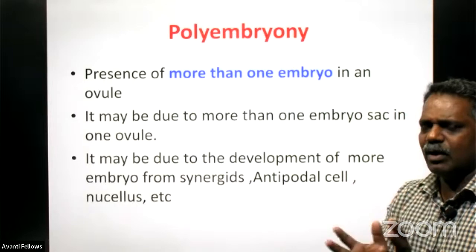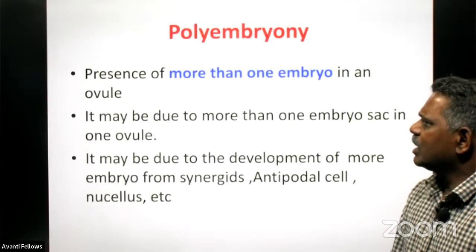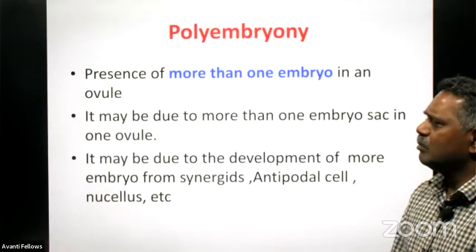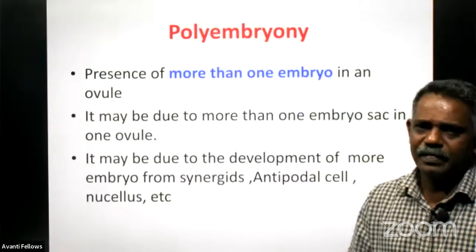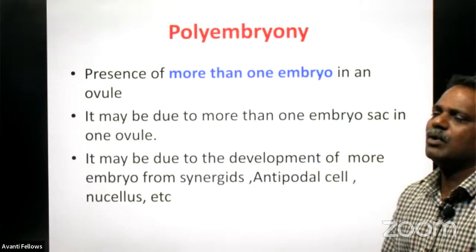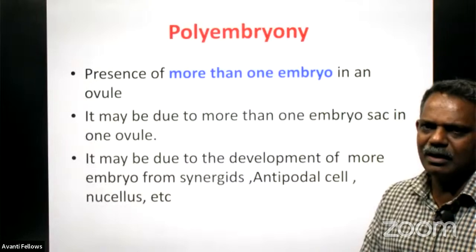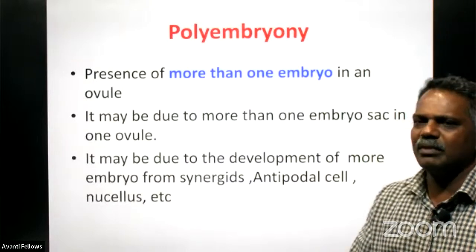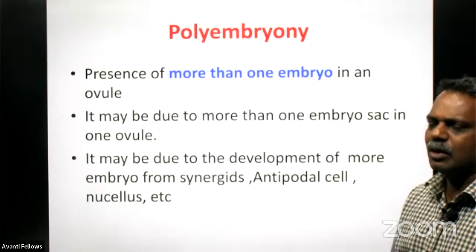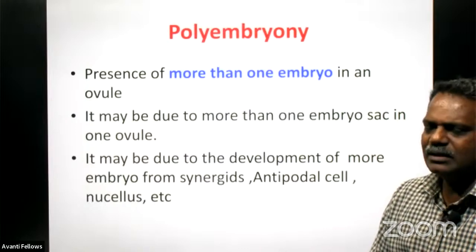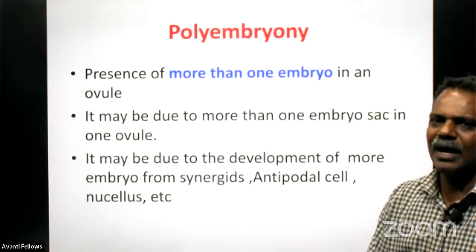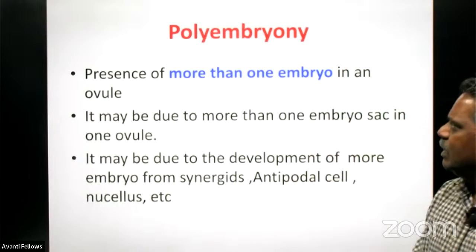One embryo in one ovule. But sometimes we can find more than one embryo in an ovule. Every embryo can become a new plantlet. That means one seed produces many plantlets.